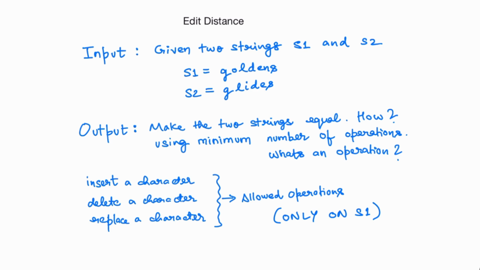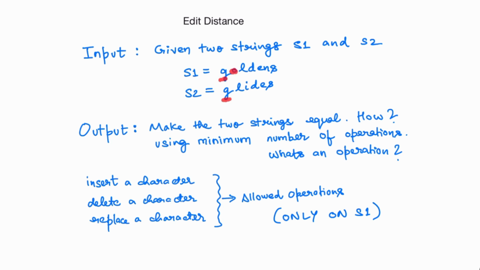Let's take one example to understand everything properly. Here, string 1 is Goldens, and string 2 is Glides. Let's see one possible way of using these operations on string 1 to make them equal. We can just ignore G, it is already equal.